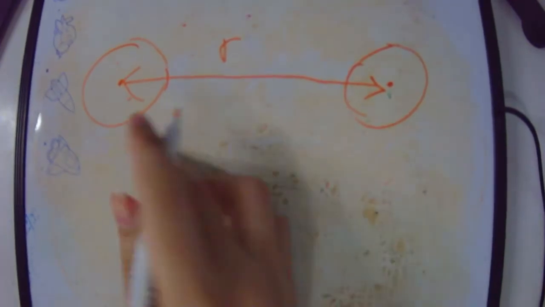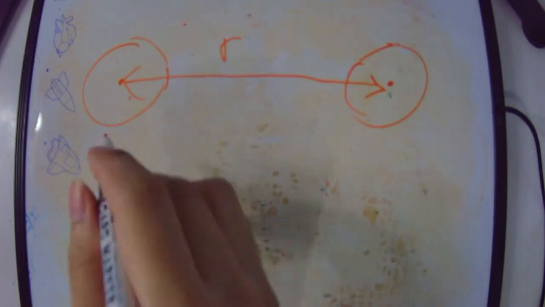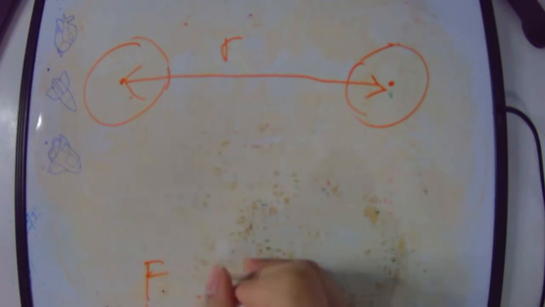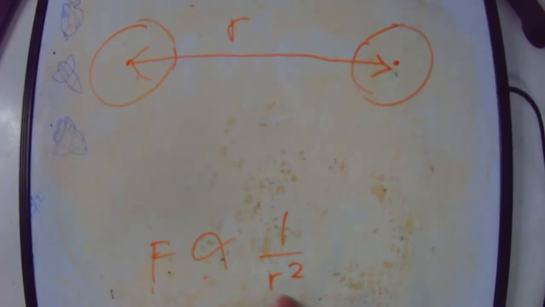So, once again, thinking logically using the formula that we already know, let's make a comparison. If we had 2 sets of planets, and this time both planets are of the same size, we know that force is proportional to 1 over r square, meaning the longer the distance, the lower the gravitational force.